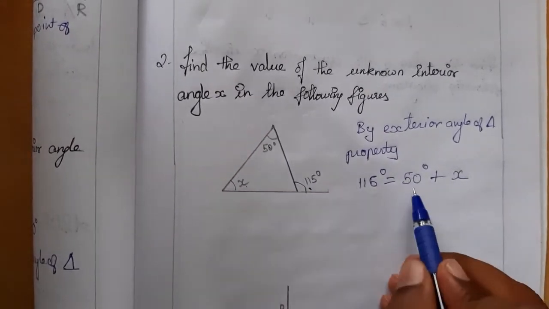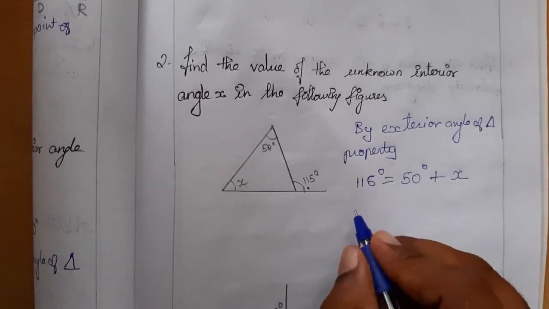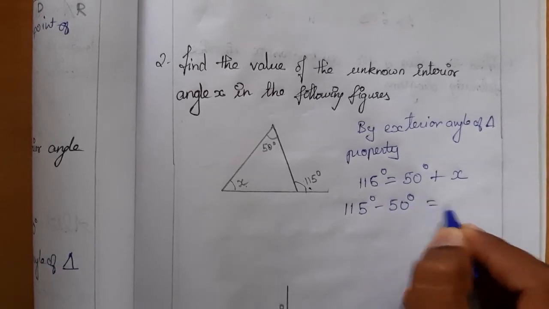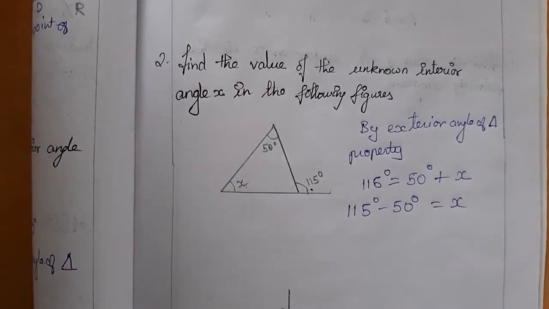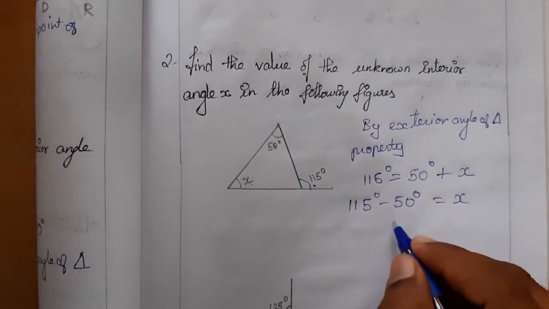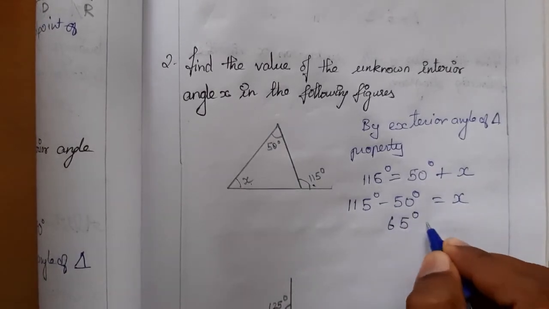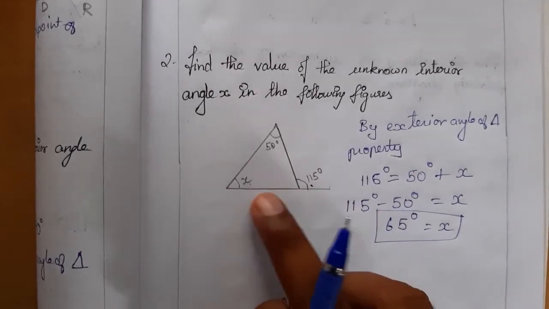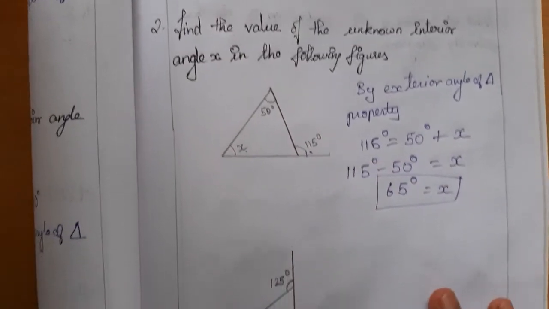If we bring 50 to this side, it becomes a subtraction. So 115 degrees minus 50 degrees is equal to x. If we subtract, we get 65 degrees, which is equal to x. So even if the exterior angle is given and one of the interior angles is not given, we can find it.